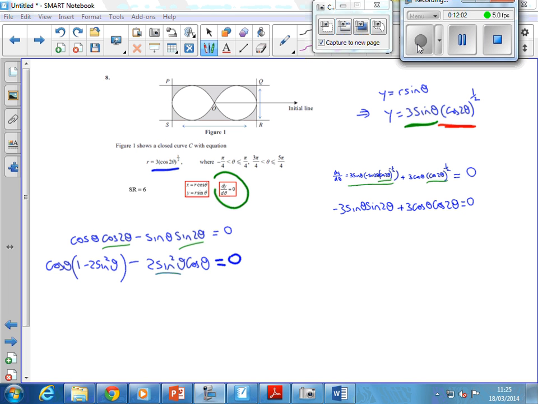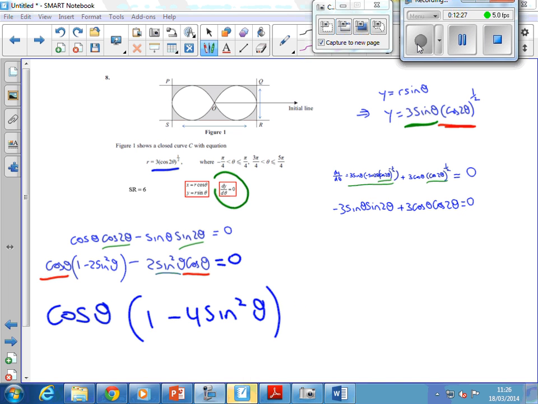Now, before I start multiplying out brackets, we take a moment to look at what's common. I can see that cos theta is actually common to both terms. So if I factor out cos theta, what am I left with? 1 minus 4 sine squared theta is equal to 0.